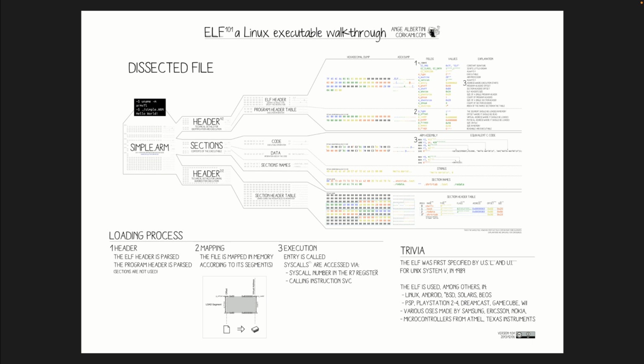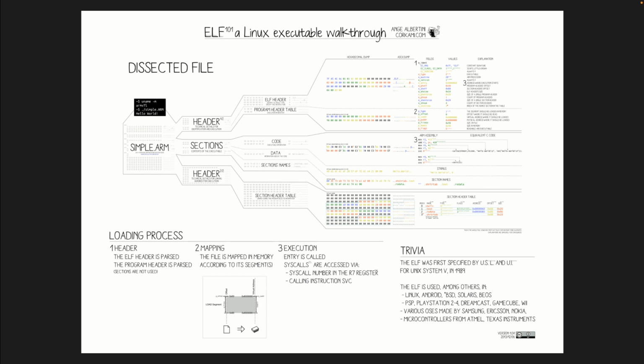What we have here is an example file, simple.elf, and as you go from left to right, the detail of it expands. If you look at that executable file, you'll find the header sections, the contents, the executable, and the other half.